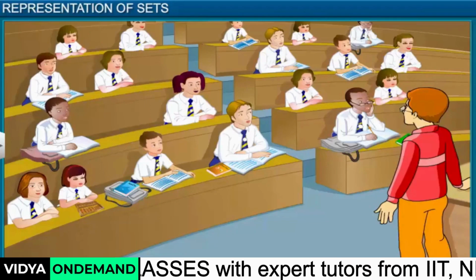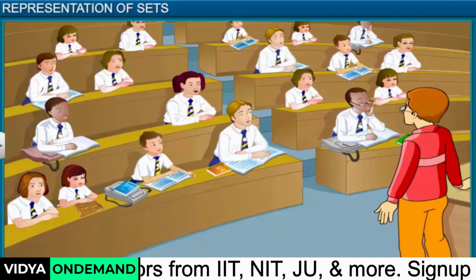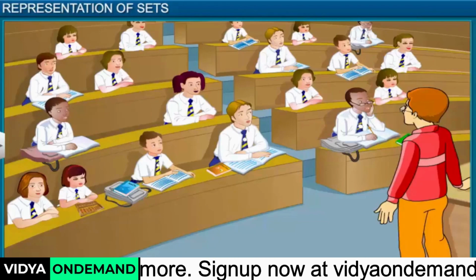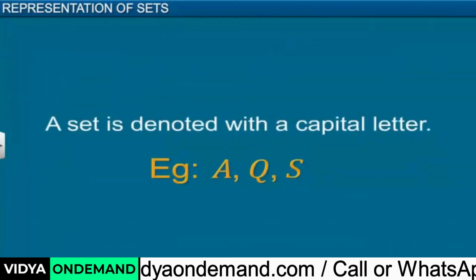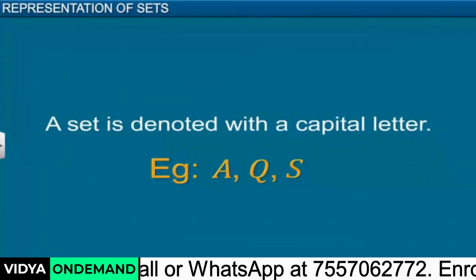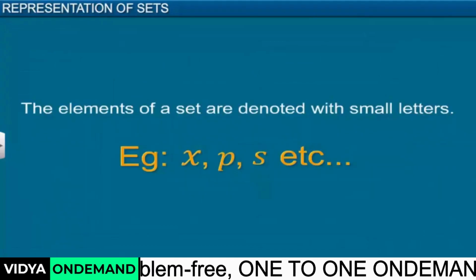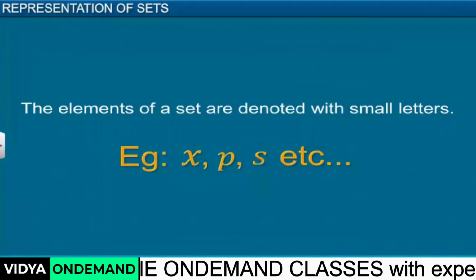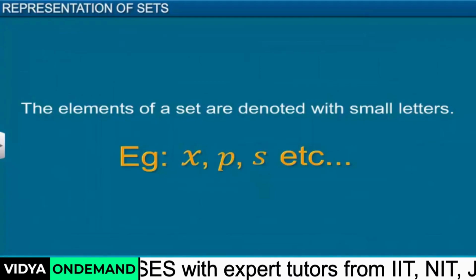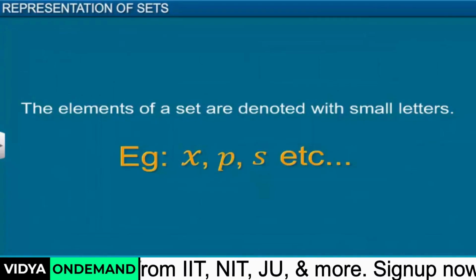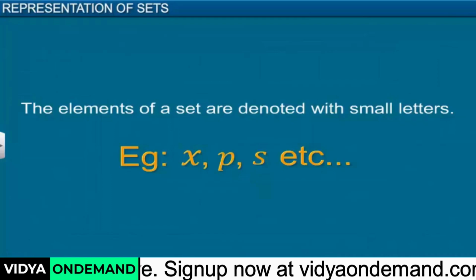A set is always denoted with a capital letter. The elements of a set are denoted with small letters. The word element is used synonymously with the words object and member. Consider the set shown here.